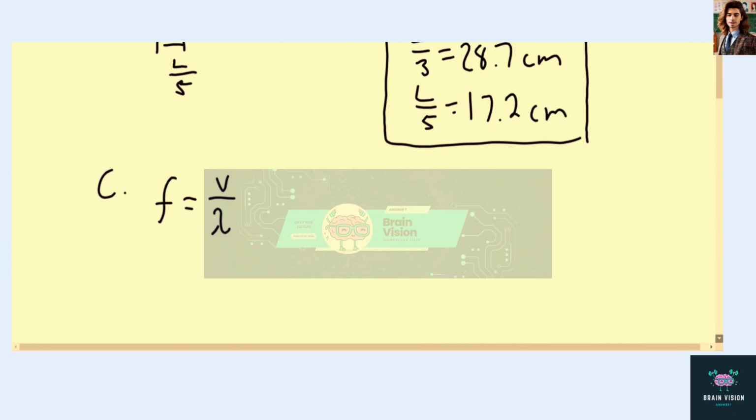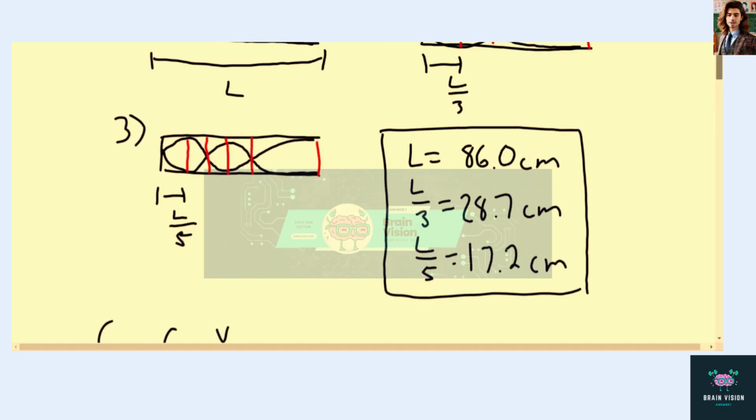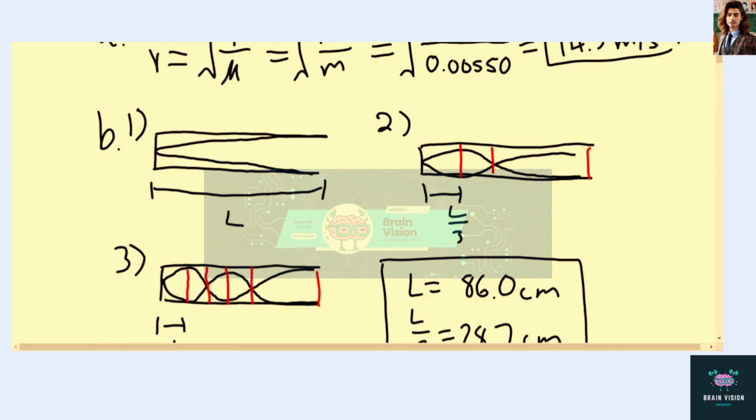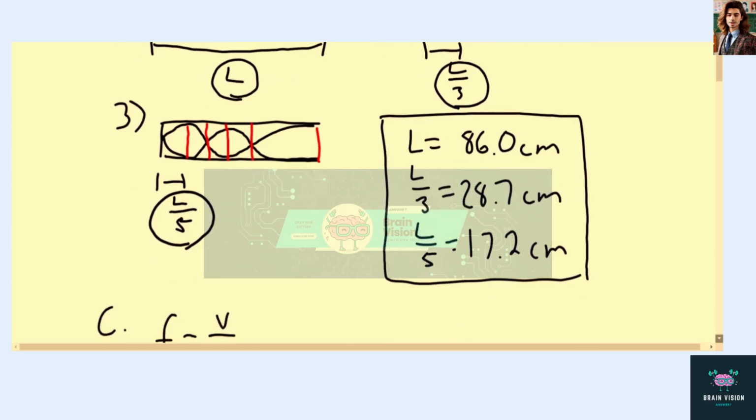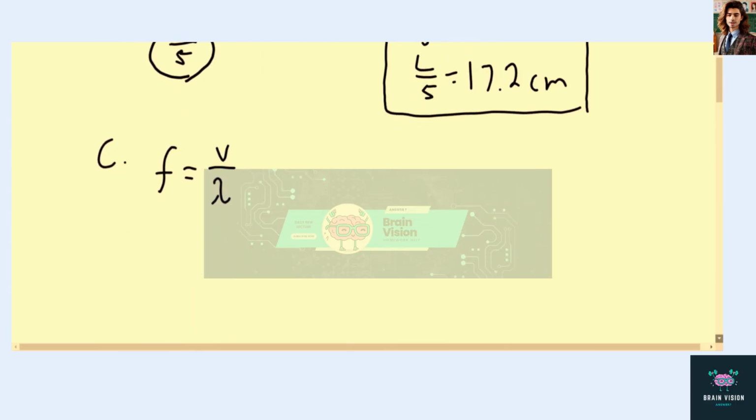So if you want to, you can also calculate it directly from the length of the tube, or not the tube, the length of the string. And if you do that, you will say that, for the first mode of vibration, the wavelength is going to be 4 times L. For the second one, it's going to be 4/3 times L, and for the third one, it'll be 4/5 times L. And that's what I did when I was calculating this out.